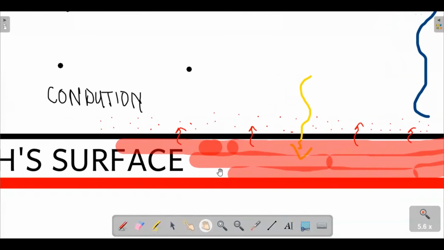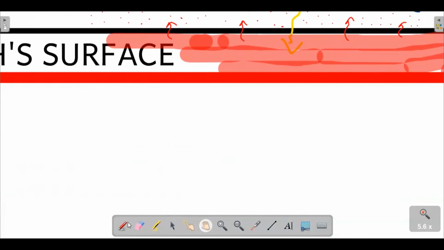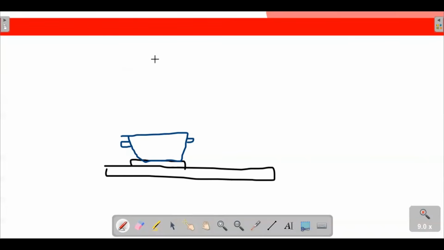So if you can imagine, let's say you have a stove, and the stove has a plate. Then you heat up that stove, and then you place a pot on top of that plate of that stove, right? What will happen there? The pot will heat up as well, right?